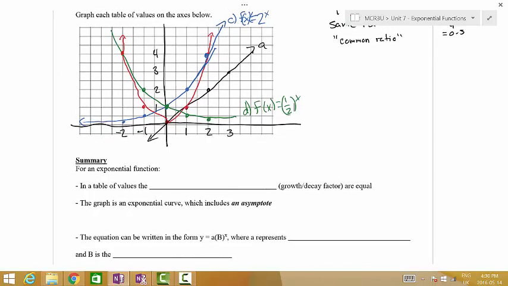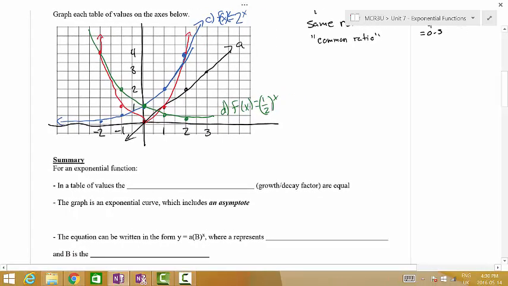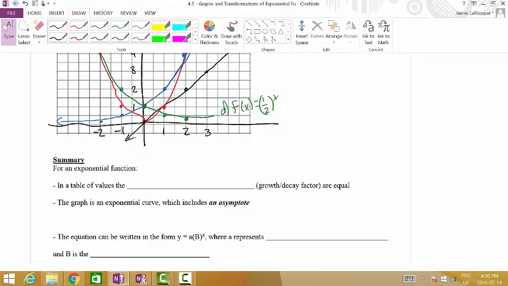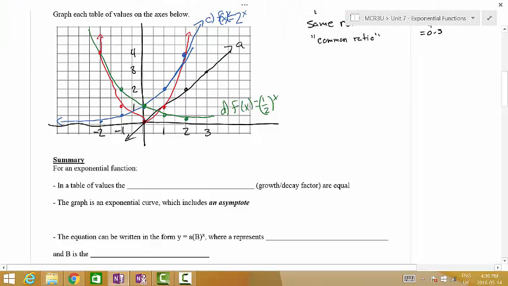So to summarize this, for an exponential function in a table of values, we call those the common ratios. It's similar to the first differences, we could also call them the first ratios.